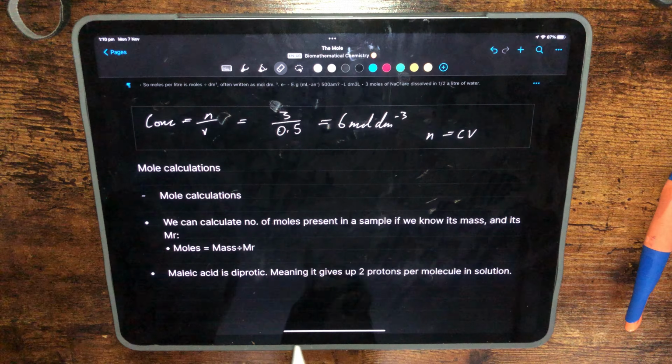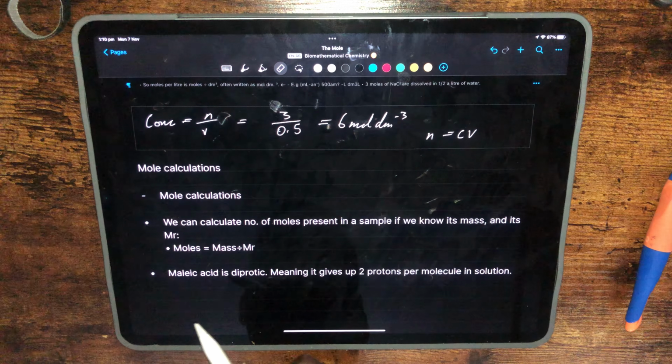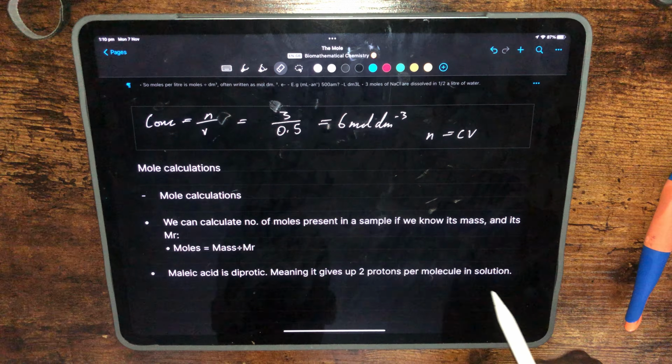You have to be careful though with these questions. Maleic acid is diprotic, meaning it gives out 2 protons per molecule in solution. I'll go into this more; this is more year 2 chemistry. Acids and bases are year 2 physical. But if they give you a question where there are actually 2 moles of your compound, you have to times it by 2.